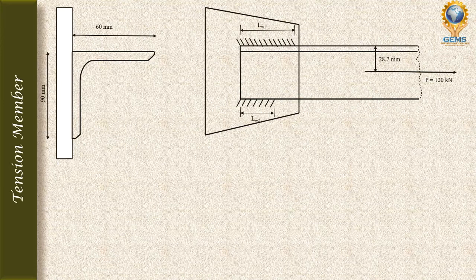Now we have to find the net effective area. This net effective area for the ISA 90 by 60 by 6 should be greater than or equal to the area of the net required that we found earlier.